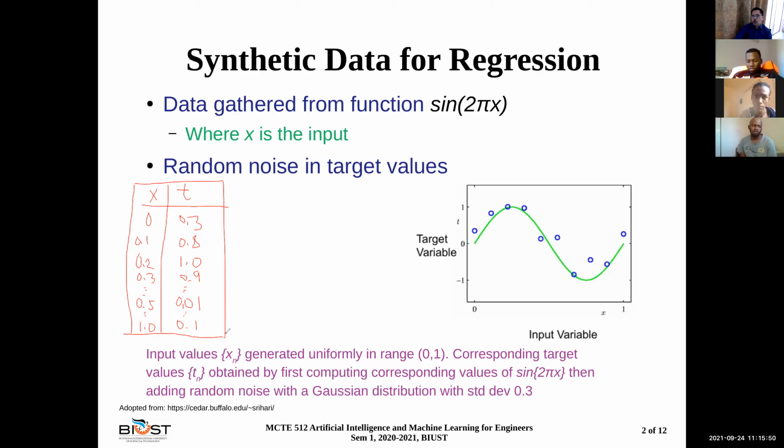For a particular input value of x, there is a corresponding measured output. So this is a given input, and you come out with a measured output.